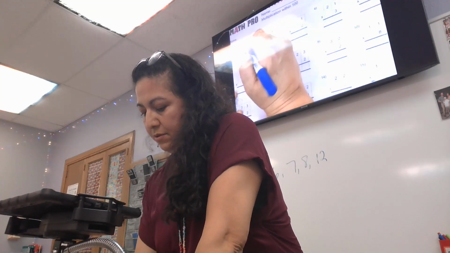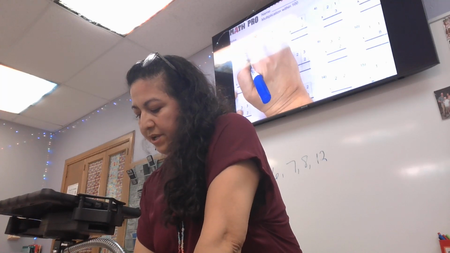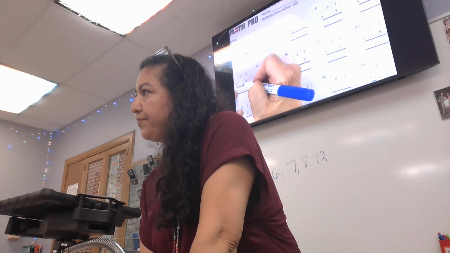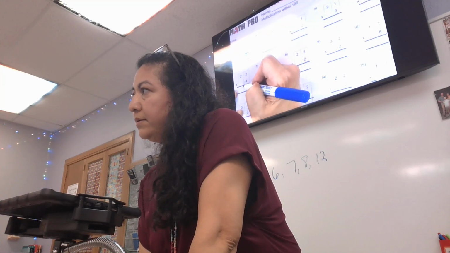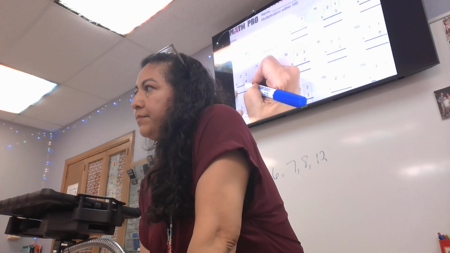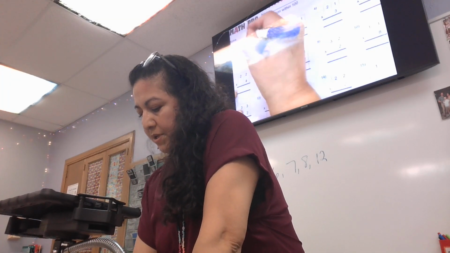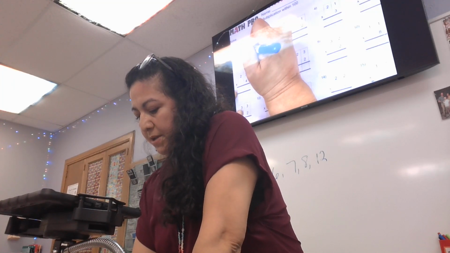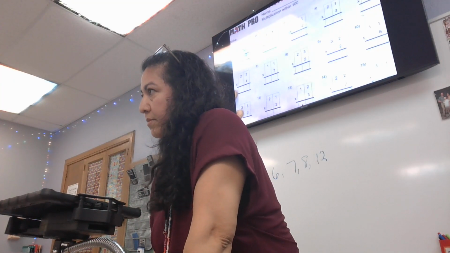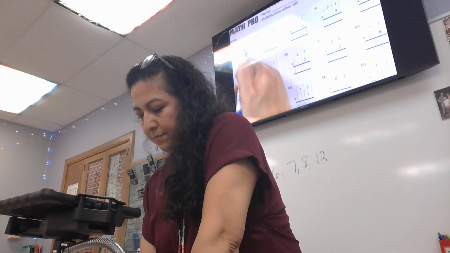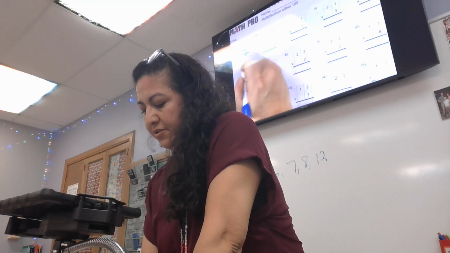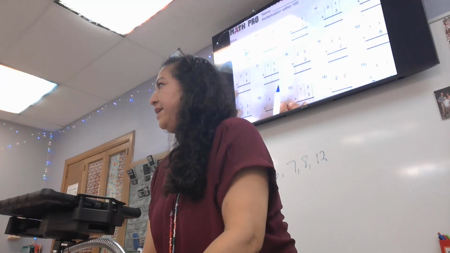What do I multiply? 3 times 3, which is 9, and then we did this one. Now we need to do what? 3 times 1 is 3.